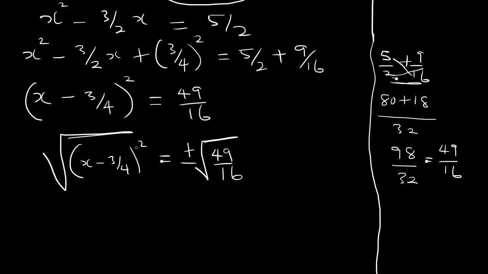Now, at the left hand side, this squared will cancel out with the square root sign, and we'll have x minus 3 over 4 is equal to plus minus. Whenever you have a root sign, this plus minus goes with it. Alright, so square root of 49 is 7, and square root of 16 is 4.